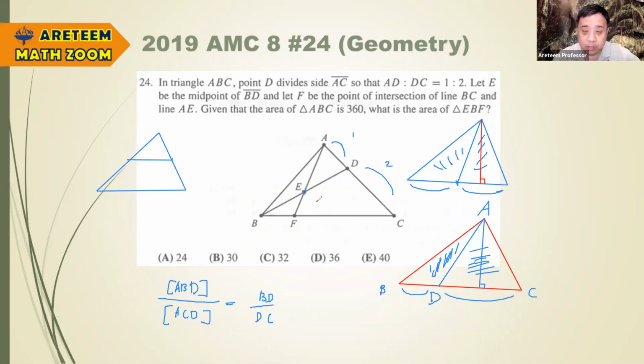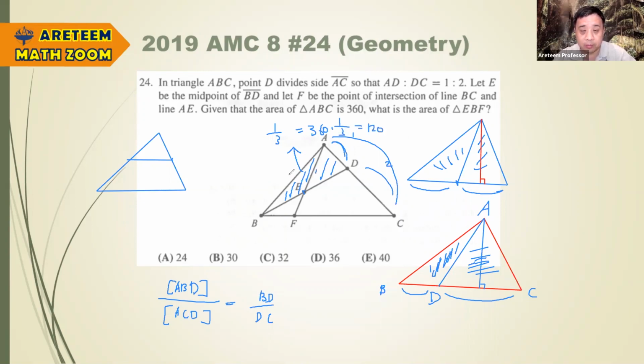Let's go back to this question. We know that AD to DC is 1 to 2. That means AD is 1/3 of the whole AC. So the triangle ADB should give us 1/3 of the whole triangle, which is 360 times 1/3, equals 120.